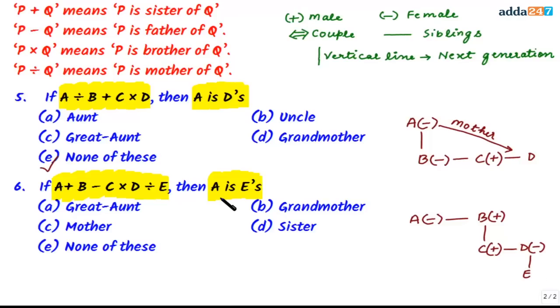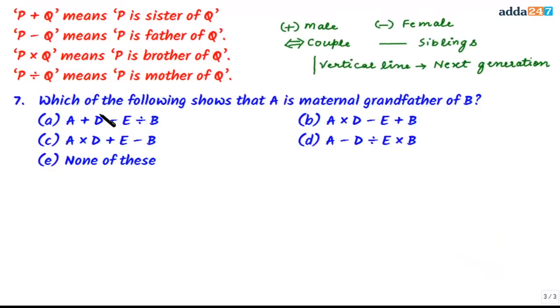Here we have to find how A is related to E. From this diagram we can see that B is the grandfather of E and A is the sister of grandfather. So A will be grand aunt of E. So A is the correct option here. Let's do question number 7.